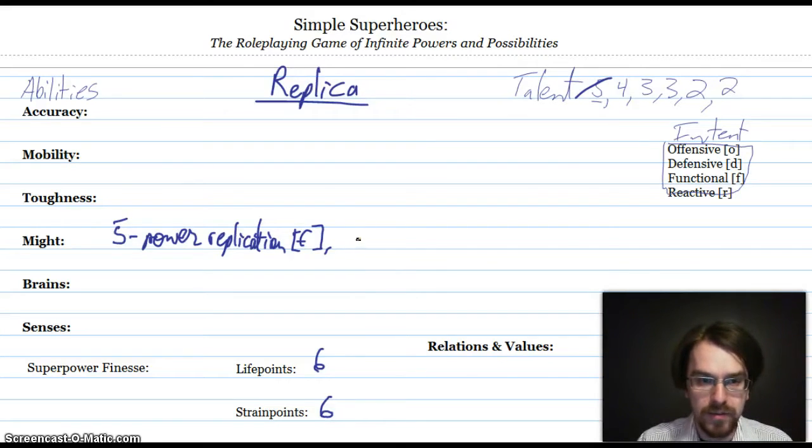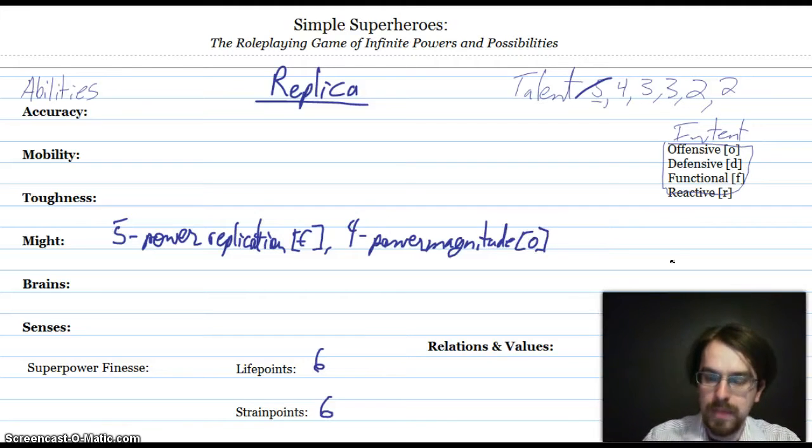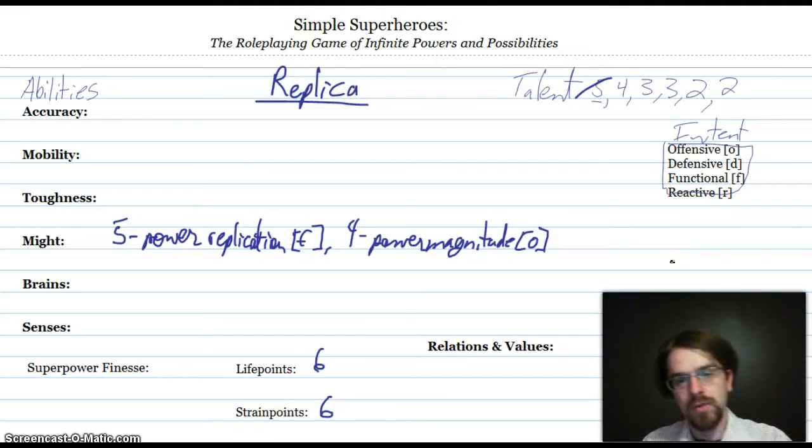Okay, so now that we've sort of covered that, which is a really cool effect, I think, we're going to cover off some of the other things that she does and how this is actually going to work. So I'm going to give her a rank for power magnitude. So the power she has just copied, the amount of force she can put behind it is always going to be limited by this rank 4 talent.